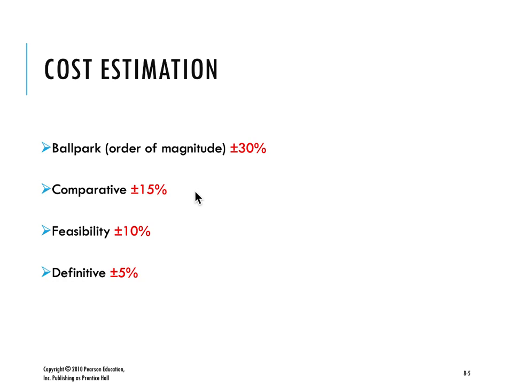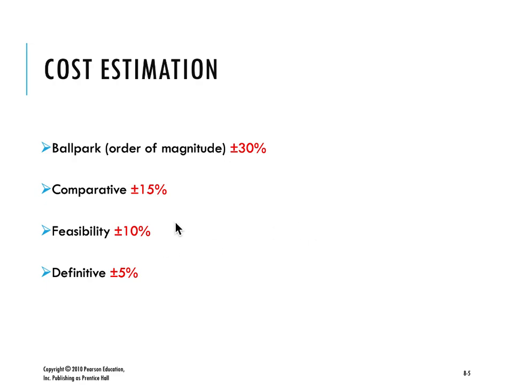Comparative: if the project has been done earlier, and taking into account inflation, things like that, you have numbers that you can reference, comparative is plus or minus 15%. Feasibility, plus or minus 10%.